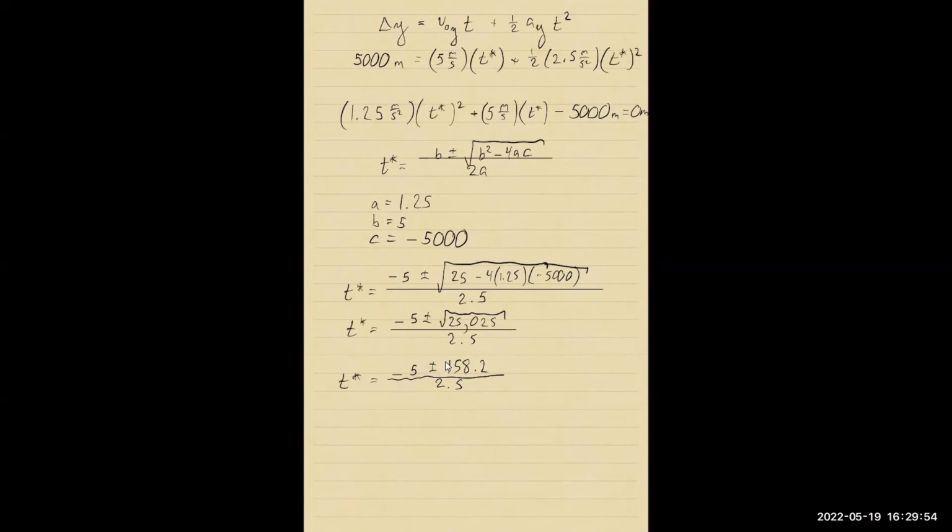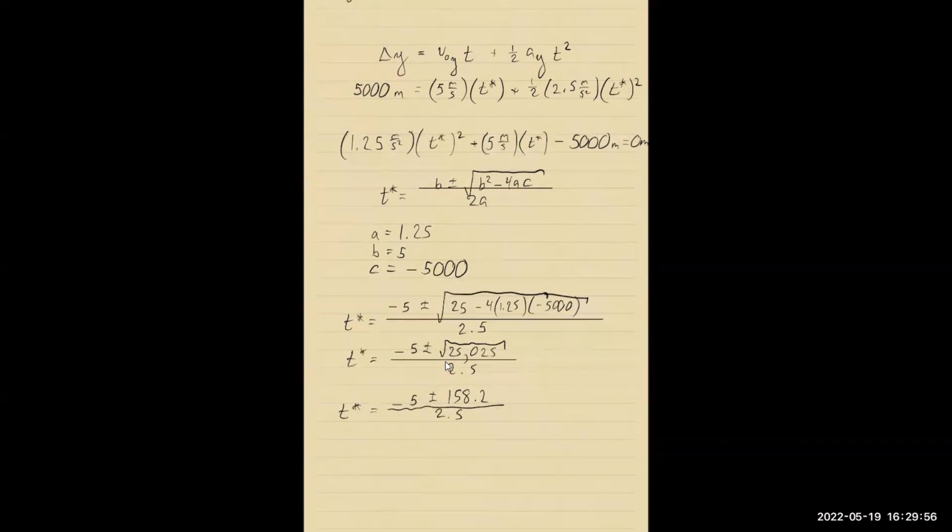It's not very physical. So t star, the time it takes to drive this 10 kilometers, is equal to minus 5 plus 158.2, all divided by 2.5.